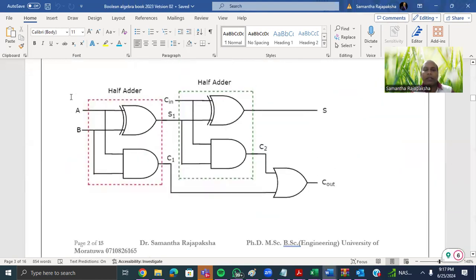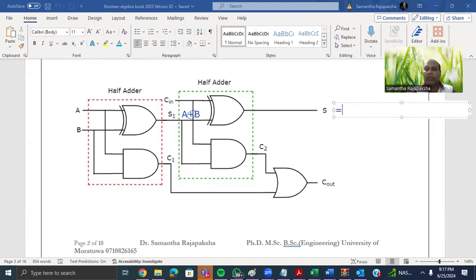Then in this one, again, you can see this is actually S1. S1 should be the output here. That will be A exclusive B. And then that should multiply with C actually.